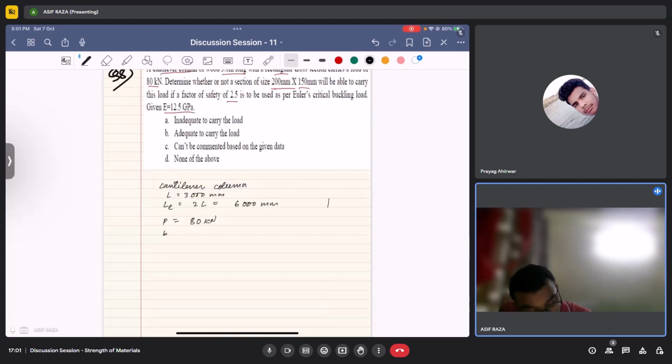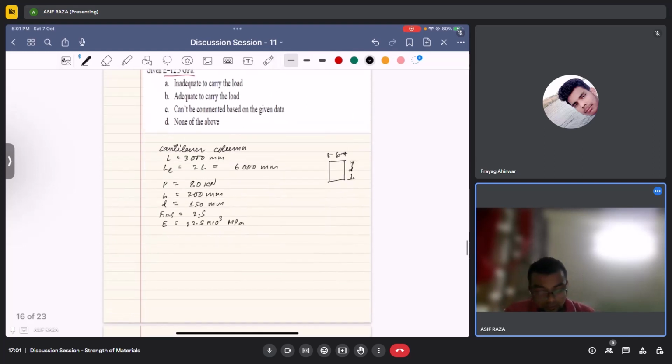So it's a rectangular cross section, B and D. So B is given as 200 mm, D is given as 150 mm. Factor of safety is 2.5 and Young's modulus is 12.5 into 10 power 3 megapascal.